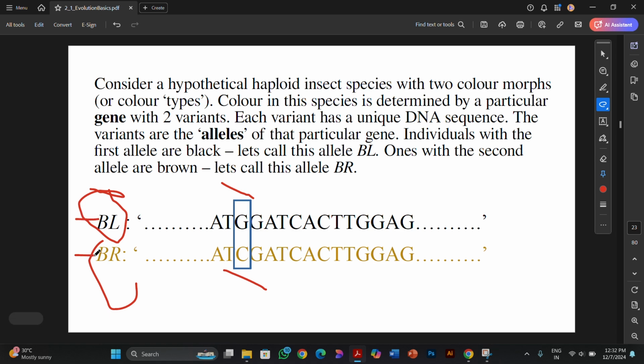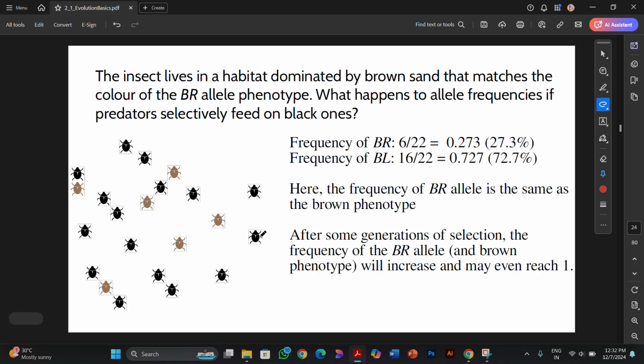So there is a population. The habitat is dominated by brown that matches the color of the BR allele phenotype. So if a predator is there, he will hardly see the brown ones. He will mostly see the black ones because the background is brown.